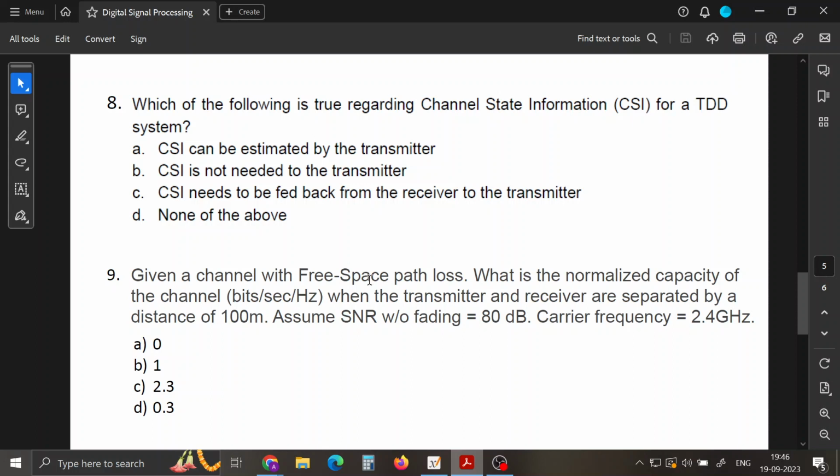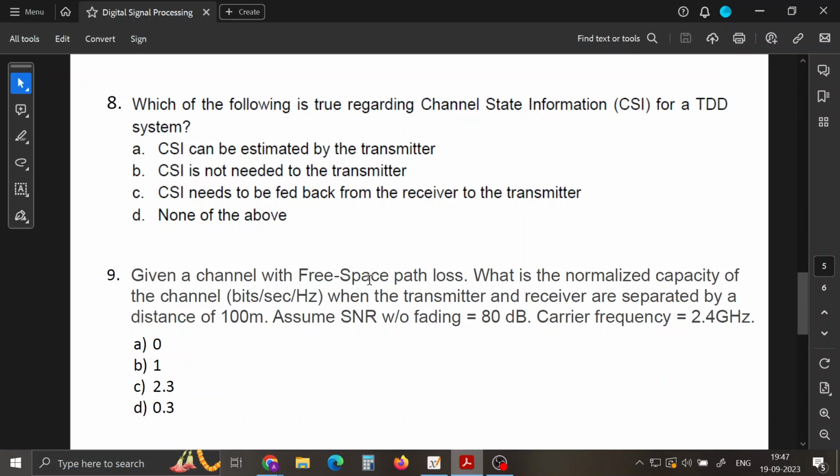Okay, now again quickly, the 8th question: which of the following is true regarding channel state information, or CSI for short, for a TDD system, time division duplexing. So again this was discussed separately. For FDD and TDD both were discussed.